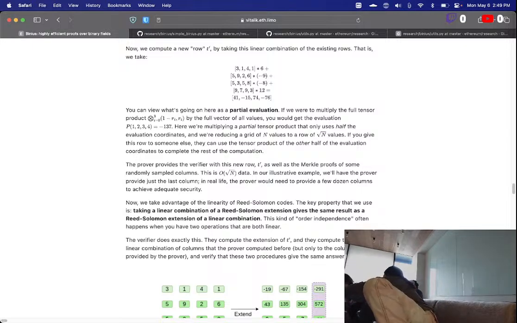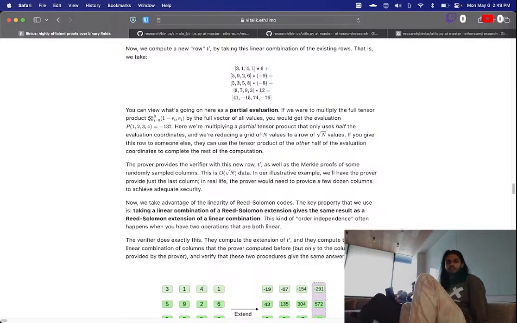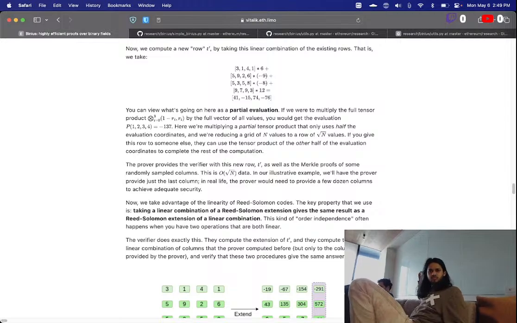So here he calculates 3141 times 6 equals 41, right? And then for each value, what is this multiplication he's doing here? Oh, it's 3 times 6 plus 5 times negative 9 plus 5 times negative 8 plus 12 times 9. Okay, got it. Never mind.